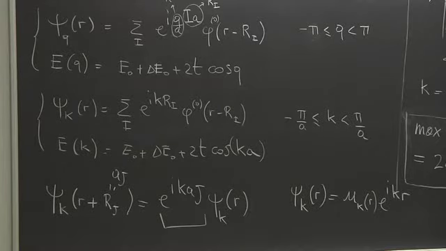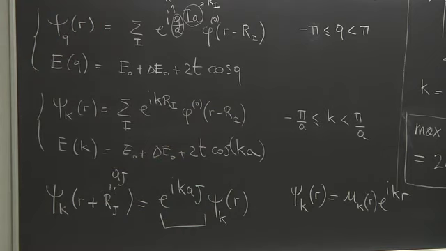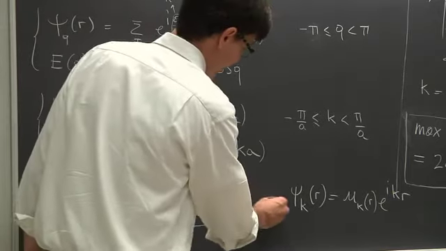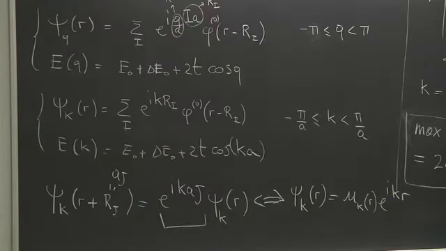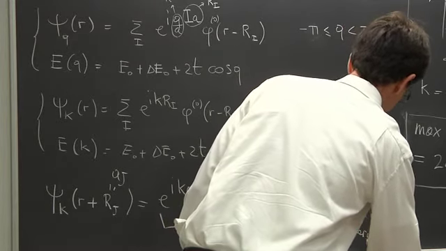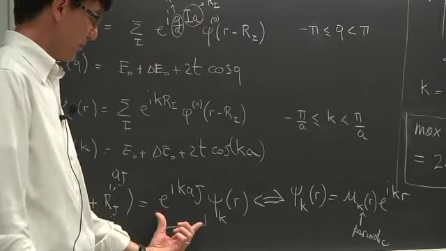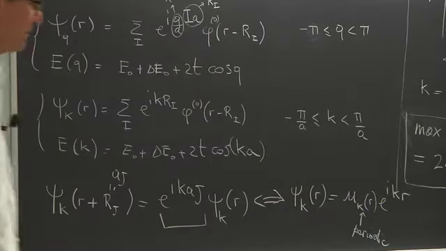The periodic part is what remains, and the phase is what is acquired every time I move by a given amount of steps. It's the same statement. There is a component that stays the same when I translate it, and a trivial part that acquires a phase.